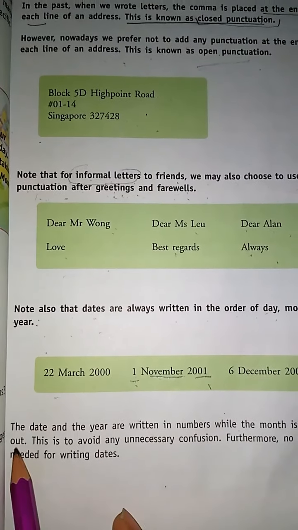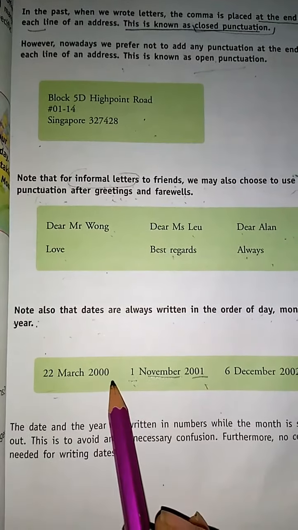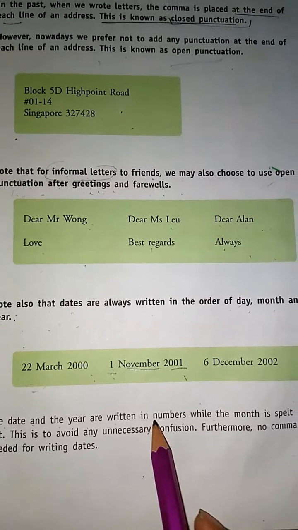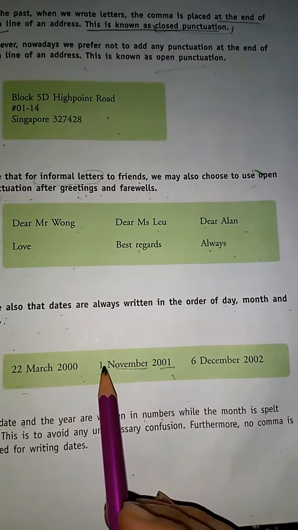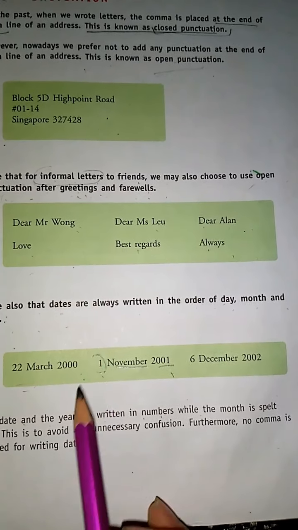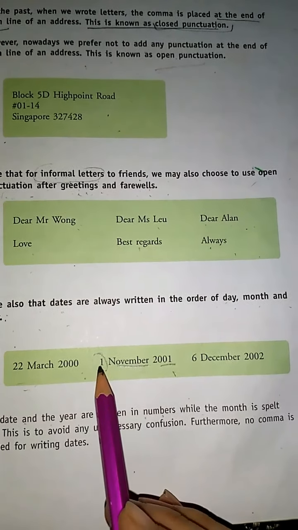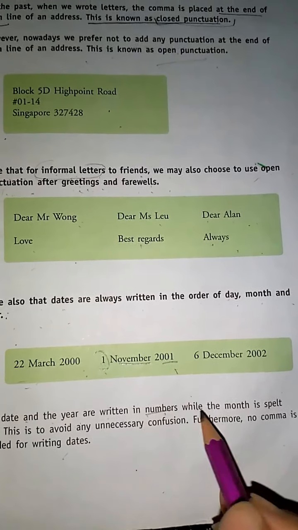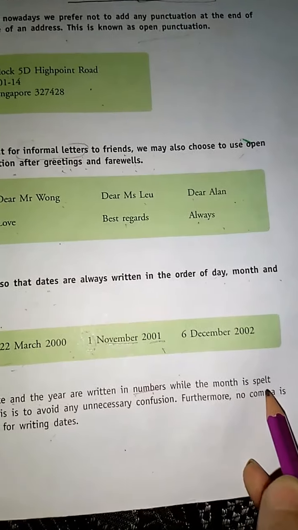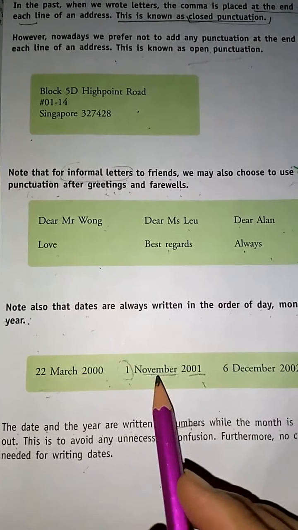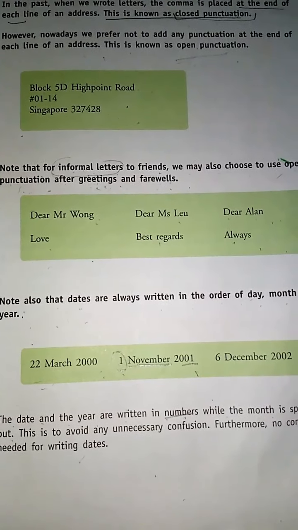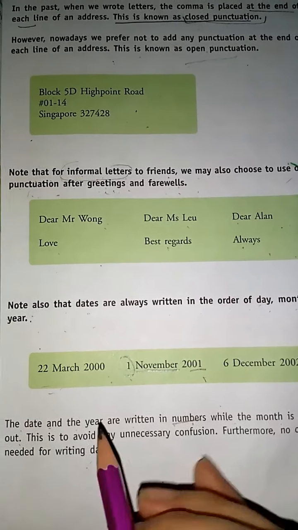Then they have a note for us regarding writing this date. The date and the year are written in numbers. When we are going to write the date, in which form we are going to write it? In the numbers or in the digits, okay? While the month is spelled out. Spelled out means we are going to write its English name, that November, December, January, February, whatever it is, okay?